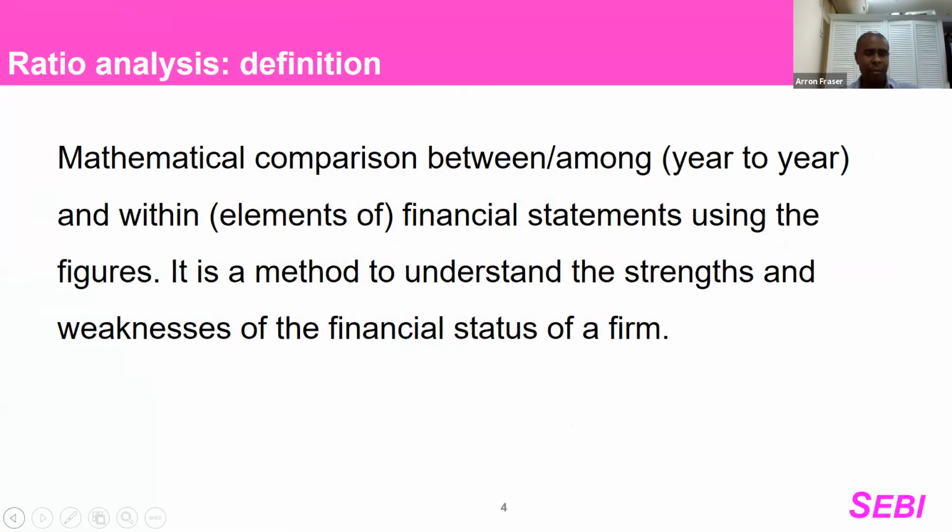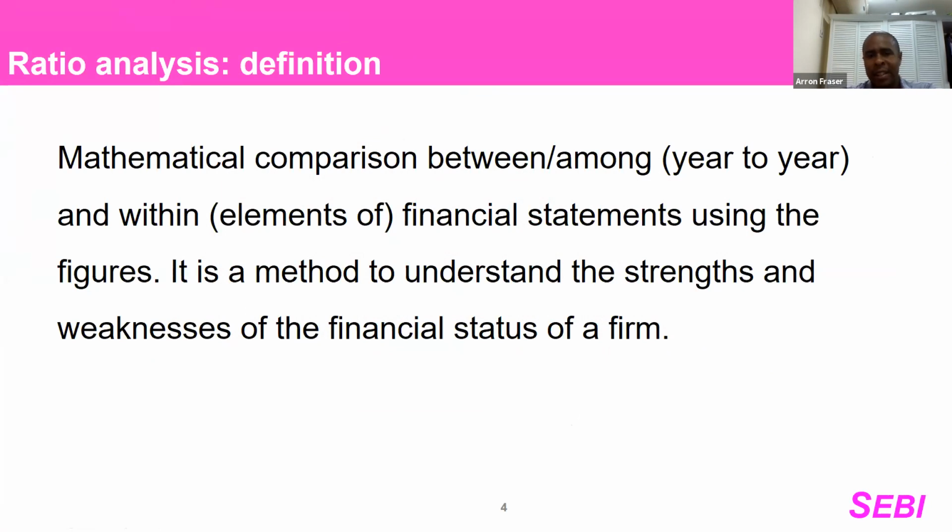So what are financial ratios? Essentially, it's a mathematical comparison between figures from 2 years or among figures in a particular year. So it's simple when you look at, let's say, between years, you can compare the movement of revenue in 1 year against the other, or the movement in expenses in 1 year against the other.